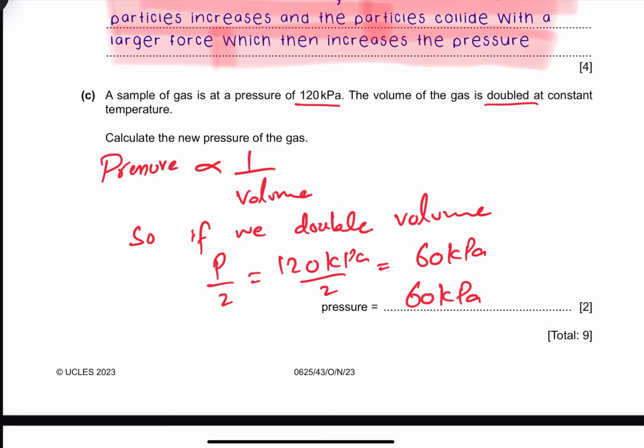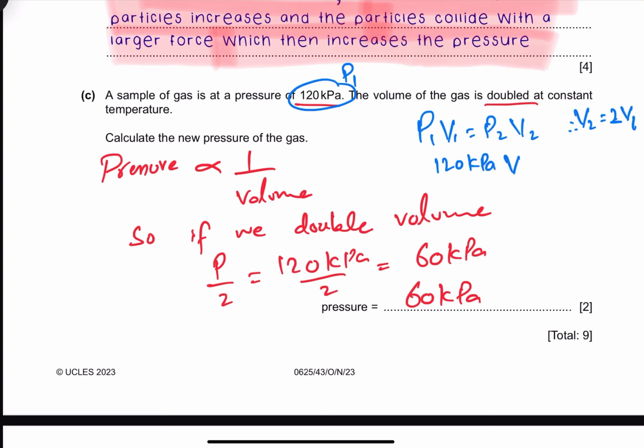Or you can solve it another way. That is, you know that P1 V1 equals P2 V2. Consider this as P1, and volume V2 is 2 times V1. It's double. So putting the value of P1 as 120 kilopascal, V1 equals P2 into V2. Put the values. So 120 kilopascal, V1 equals P2, V2, and at V2 you can put 2V1.